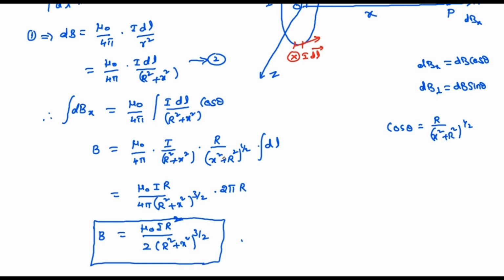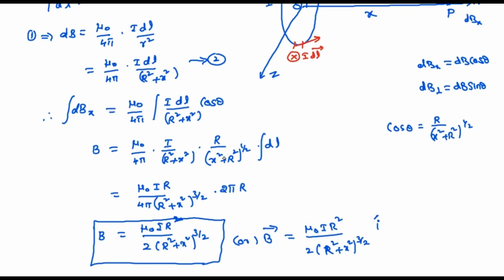In vector form we write B bar is equal to mu naught I R square divided by 2 into R square plus x square whole power 3 by 2.